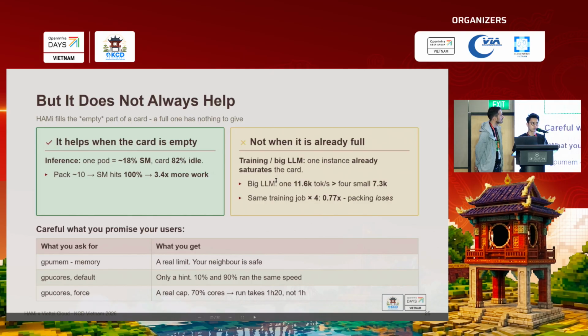But in some cases HAMi will not fit, like training a big LLM, where one instance already takes the whole card.